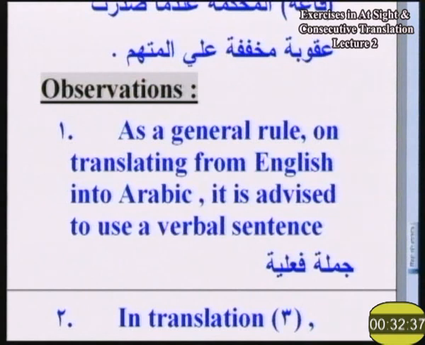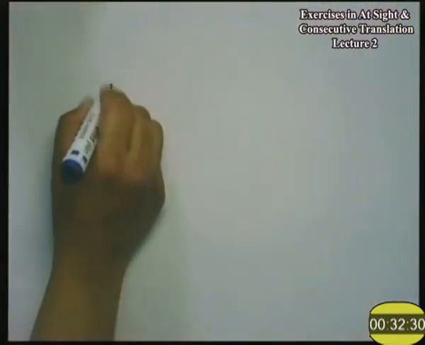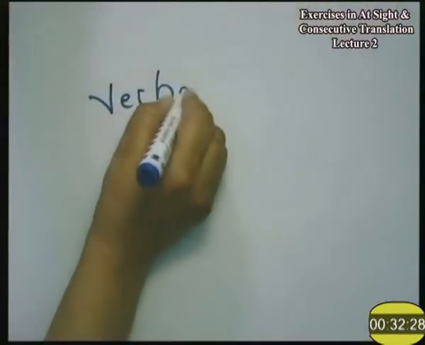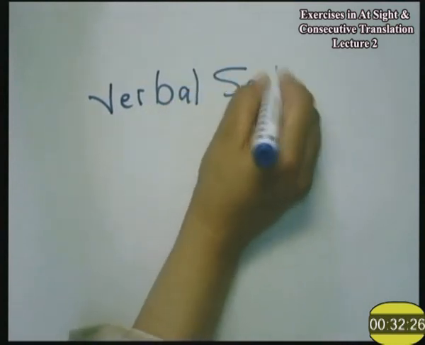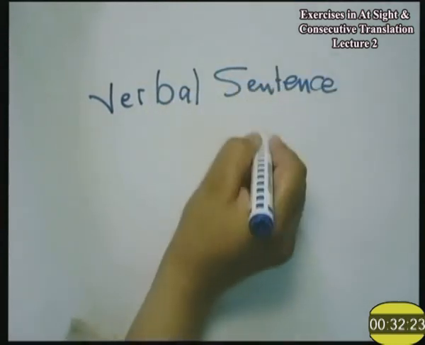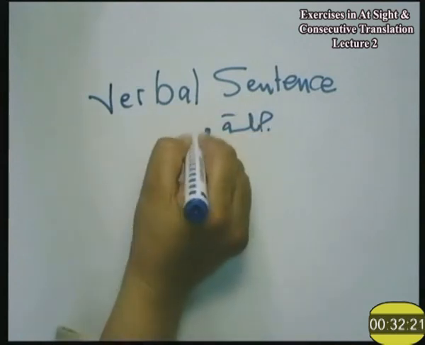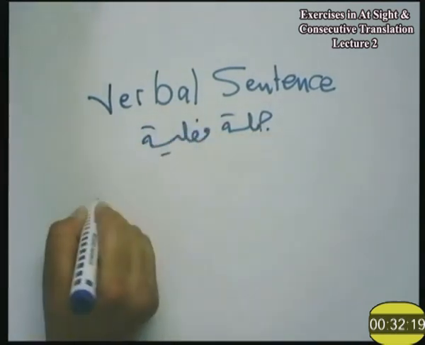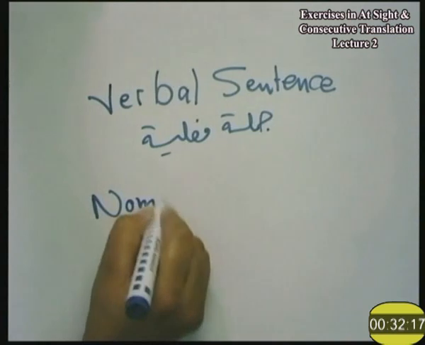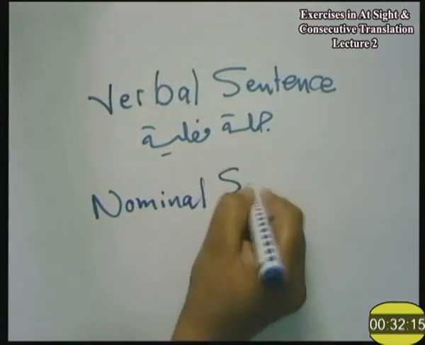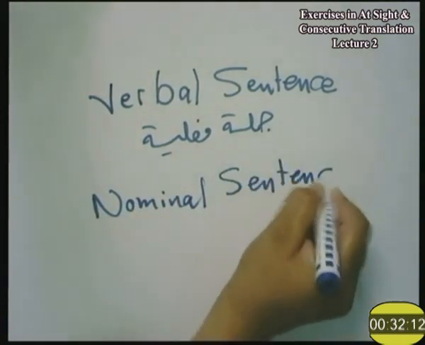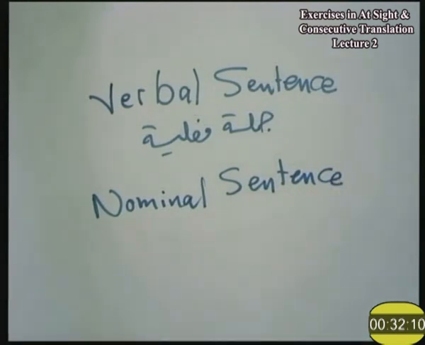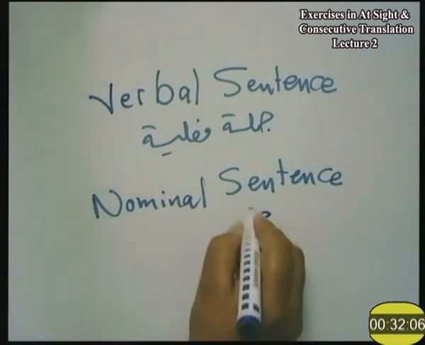No. Let's see verbal sentence, nominal sentence. I'll give you an example for one sentence that could be translated in both ways, but of course the verbal is much more acceptable.